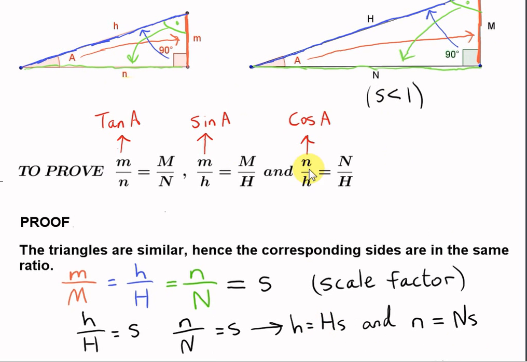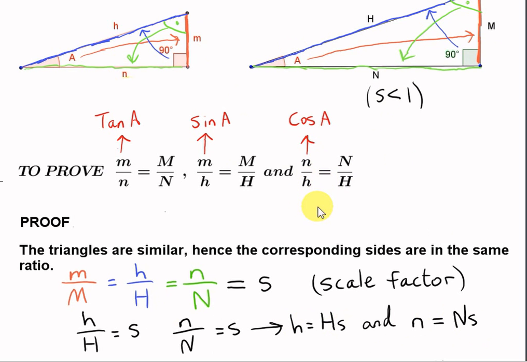In a similar way, we can prove that little n over little h equals big N over big H. So little h is just big H scaled down by the factor S, and little n is just big N scaled down by the factor S, big N times S. S again is some number less than 1, so n times a number less than 1 will give us a number that's smaller than big N, namely little n.